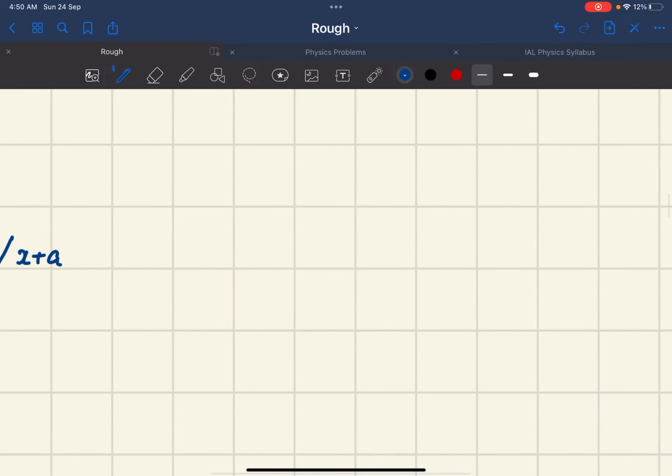Second factor, x equals a is another root.